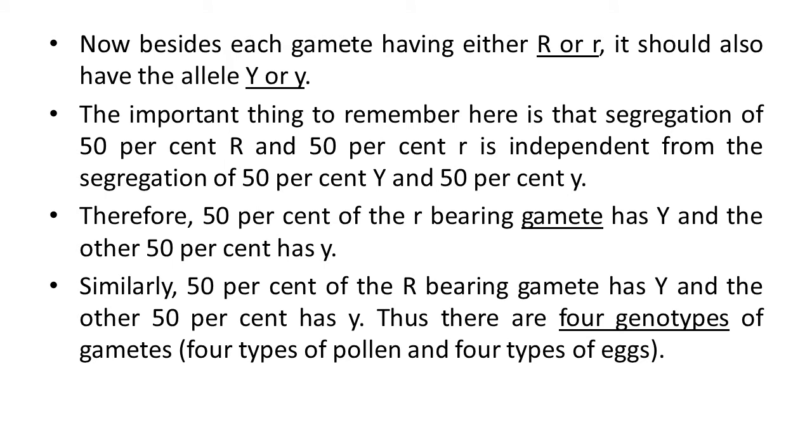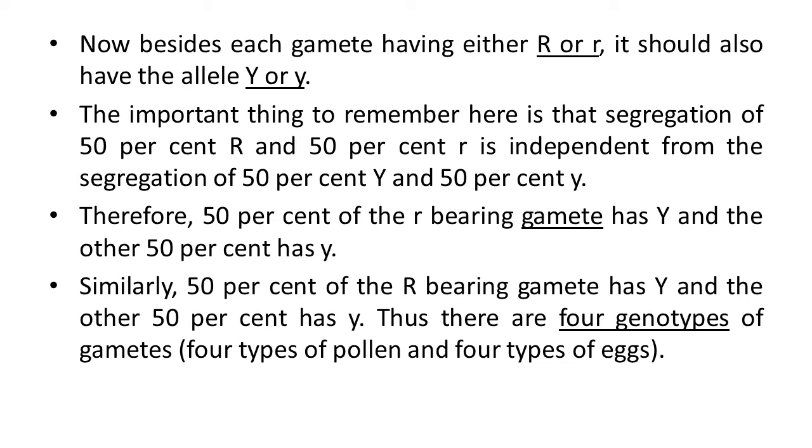Now besides each gamete having either capital R or small r, it should also have the allele capital Y or small y. The important thing here is that the segregation of 50% capital R and 50% small r is independent from the segregation of capital Y 50% and small y 50%.